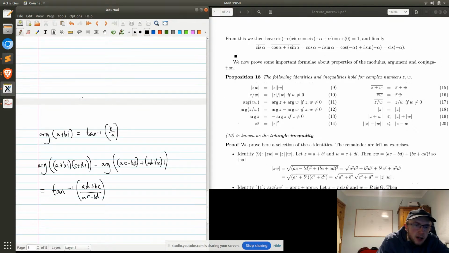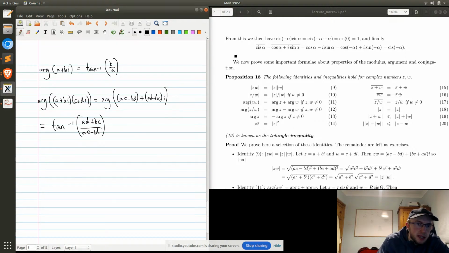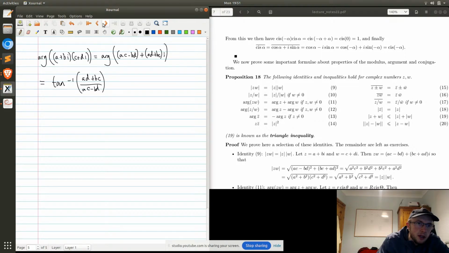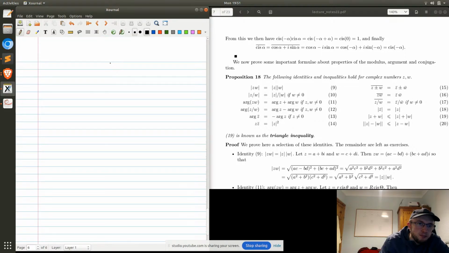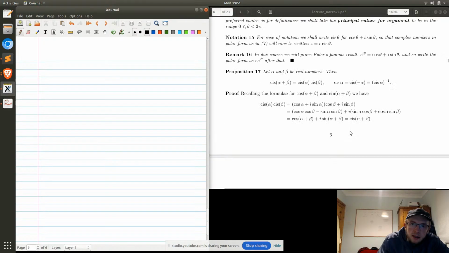Okay, so I need to get it into my mind that a complex number does not have just one form. This is like rectangular form, a plus bi, real and imaginary part. But then it also has polar form. But I don't know exactly what that is yet.